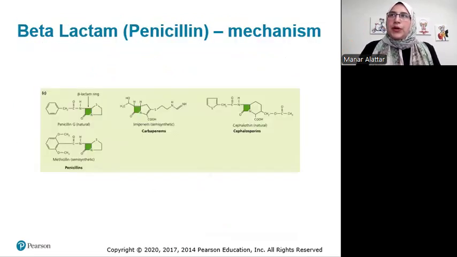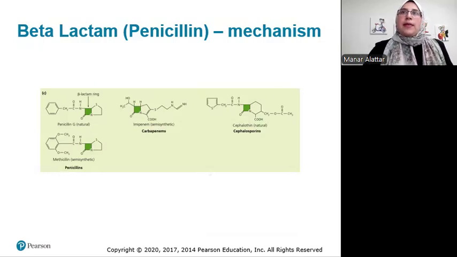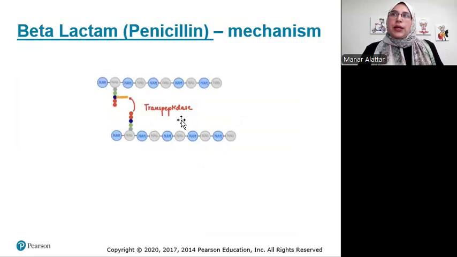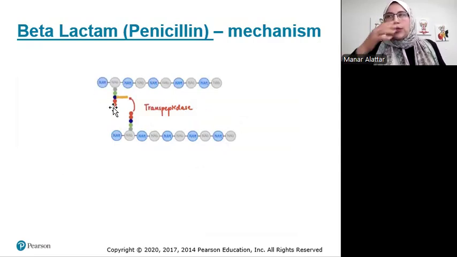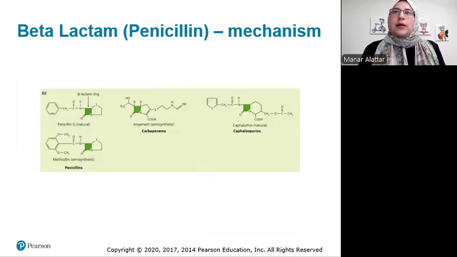Okay. So our beta lactams, including penicillin, have this beta lactam ring that is conserved within the different groups or the different types of penicillins. And that ring allows them to essentially engage with an enzyme that connects the cross linkages within the peptidoglycan cell wall.